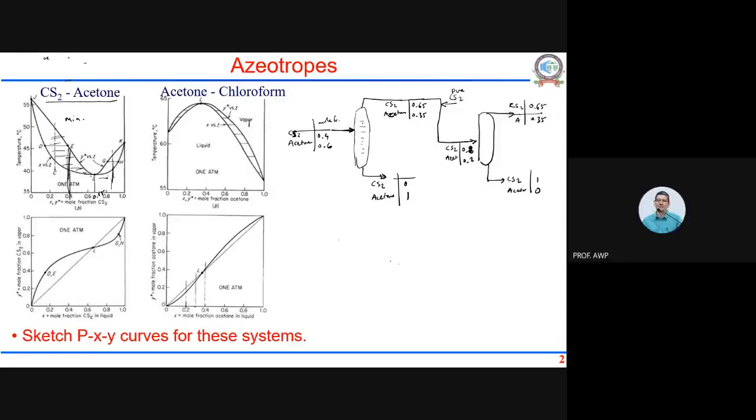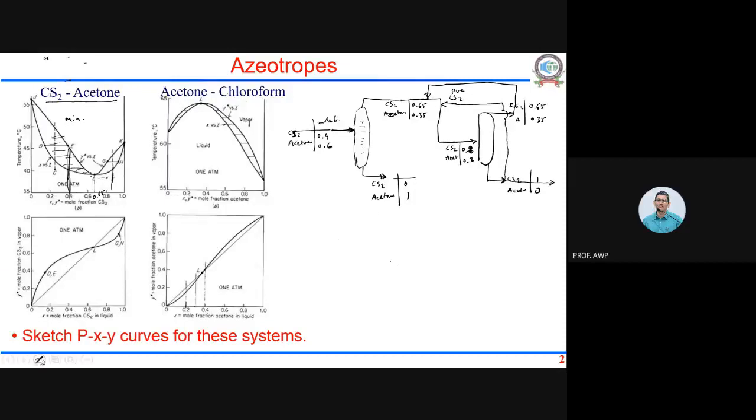And this azeotrope can also be recycled back here, and this CS2 partly is to be recycled and partly to be taken out.